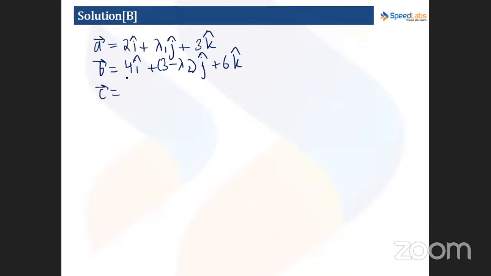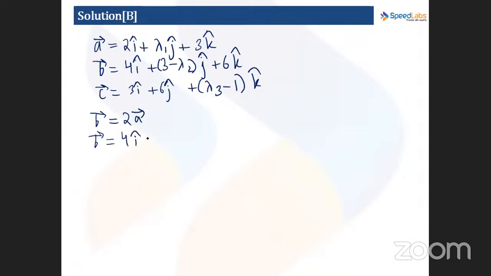And C vector is given as 3 i cap plus 6 j cap plus (lambda 3 minus 1) k cap. Now it is given that B vector is equal to 2A vector. So B vector will be equal to 2 times A vector, which is 4 i cap plus 2 lambda 1 j cap plus 6 k cap.